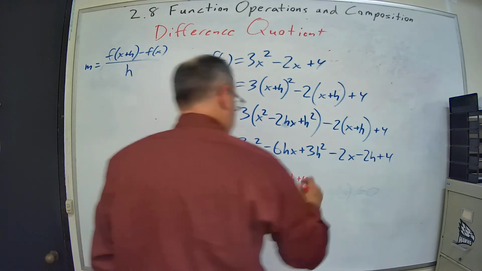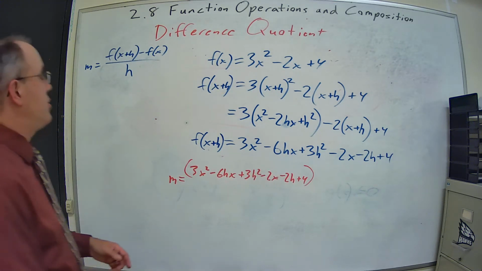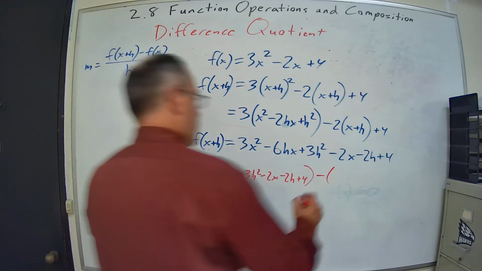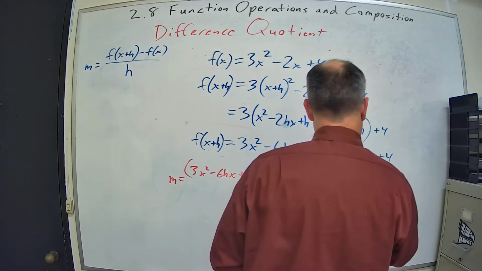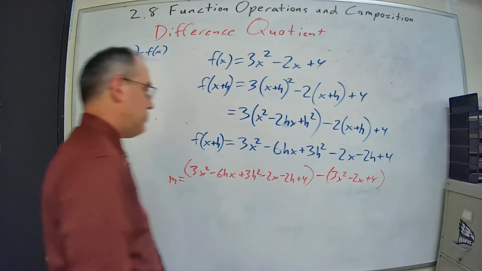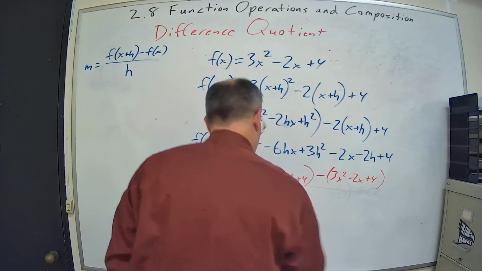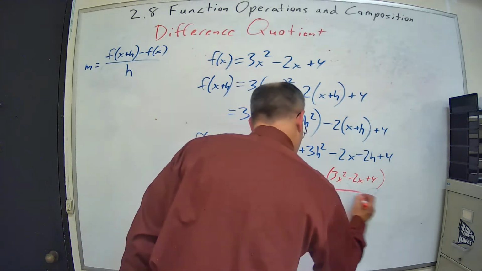And I know you're looking at this and going, wow, Mr. Davis, that's a lot. I'm dealing with this huge thing. Minus f of x, 3x squared minus 2x plus 4, all over h.